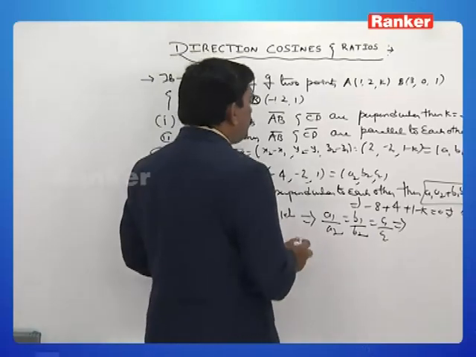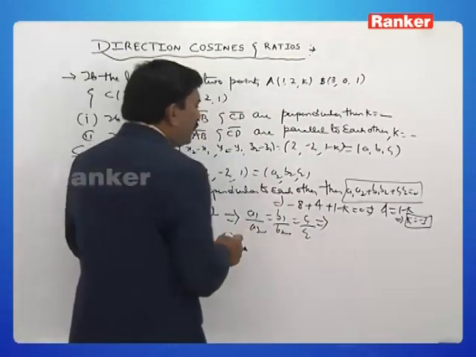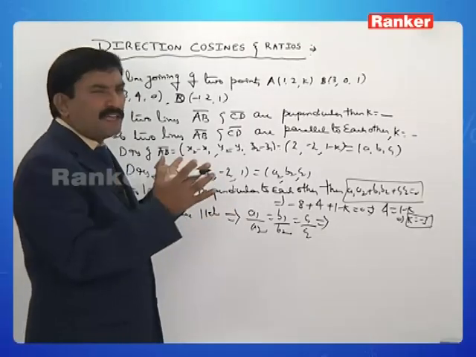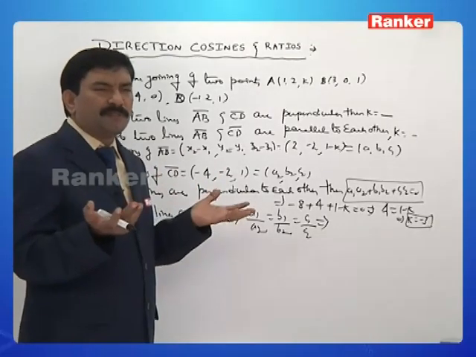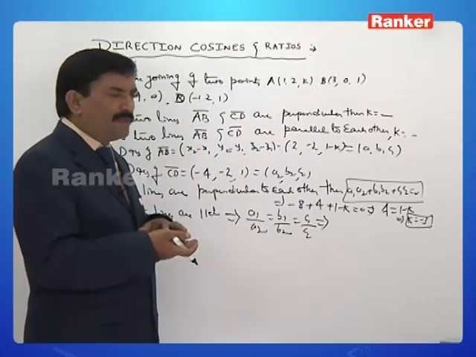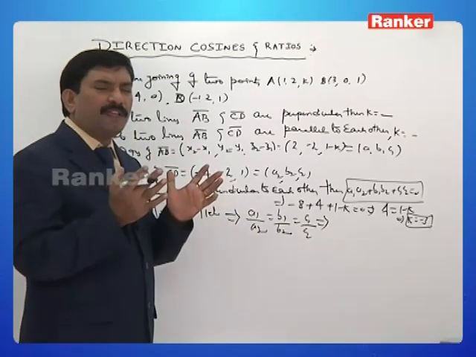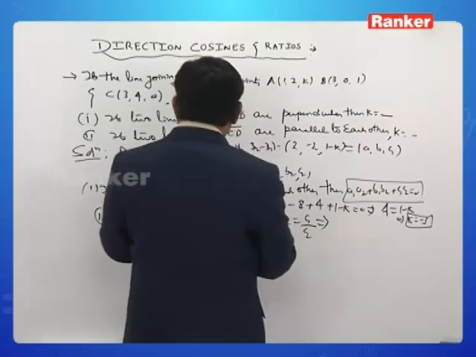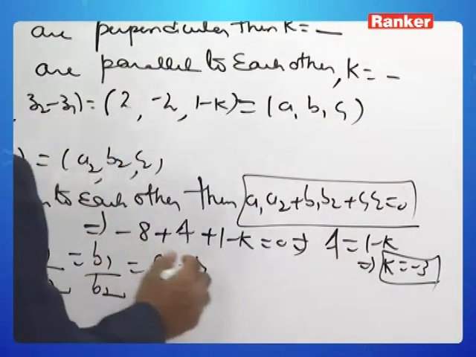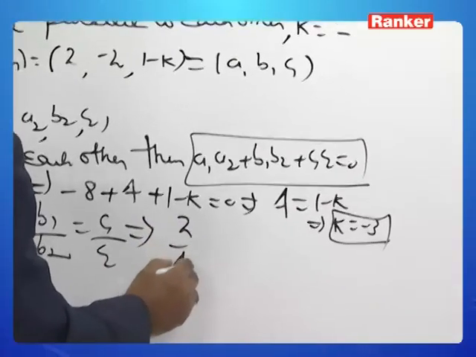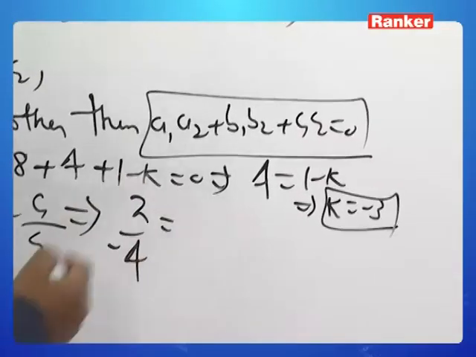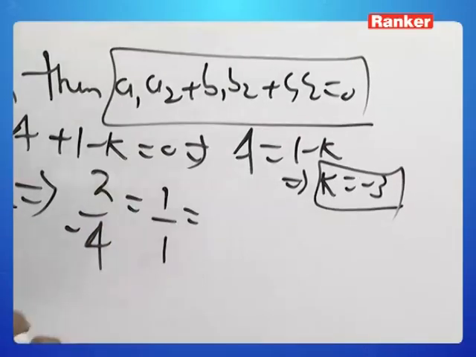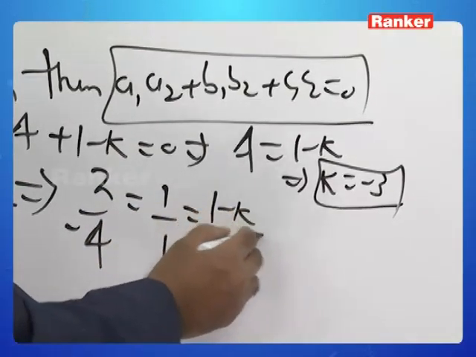Here we have taken some numerical examples, just counter examples to verify the given condition. So A1 by A2: 2 by minus 4, equals B1 by B2: minus 2 by minus 2, that is 1, equals C1 by C2: 1 minus k by 1.